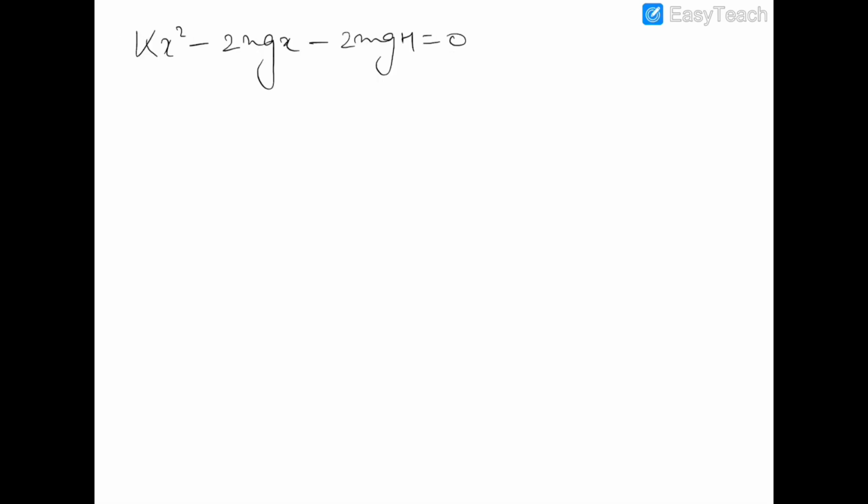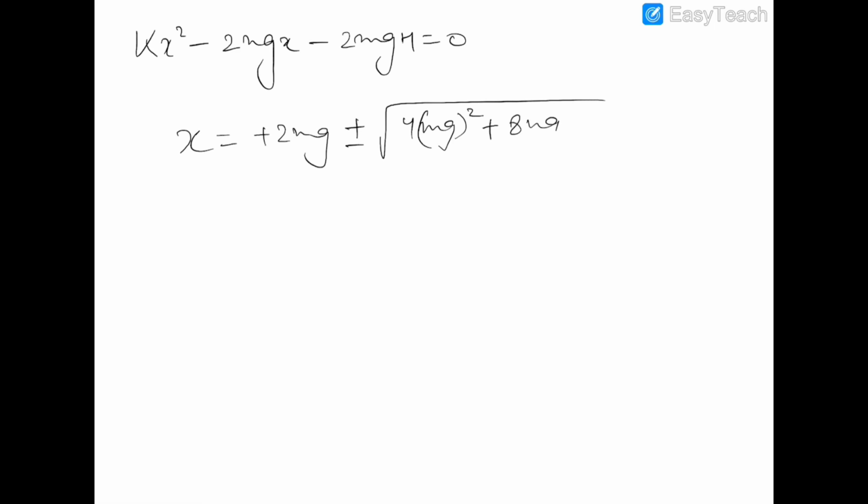So this is a quadratic equation, and the value of x would be 2mg plus or minus under root of 4mg square plus 8mgh into k, divided by 2k. We would not take the minus sign because x would not be negative.